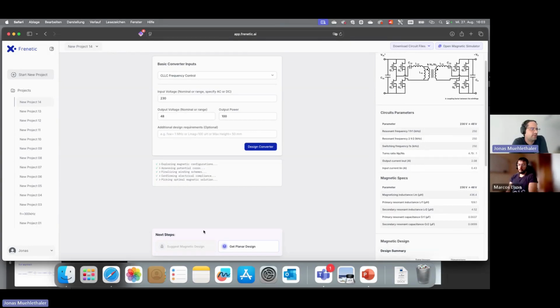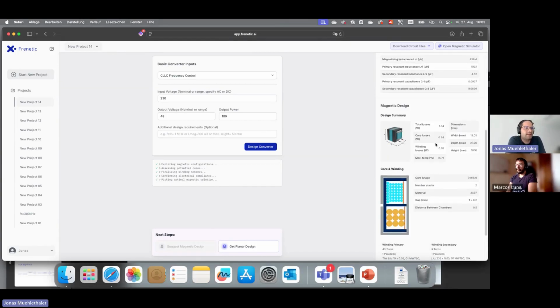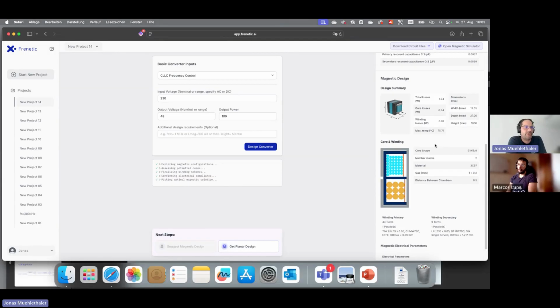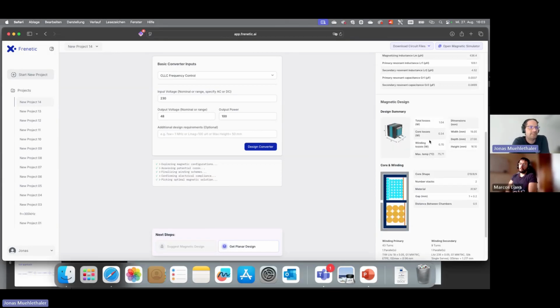And one thing you can do is you ask the tool to suggest a magnetic design, and then the tool calculates or designs an optimal magnetic for your purposes. In this case, even with an integrated leakage inductor that is used as the series inductor.